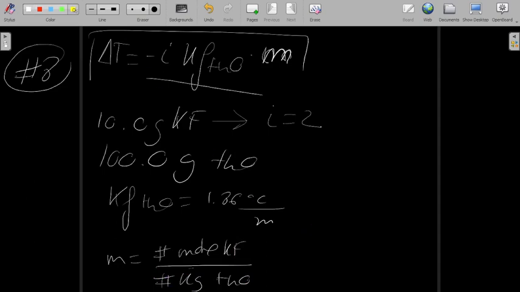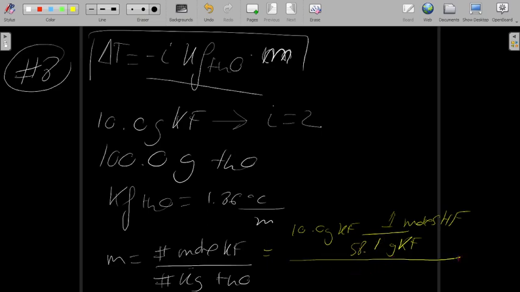We've been doing this all along. You can do it directly or separately, but grams of KF can be translated into moles. You do that by going to the periodic table and saying in 1 mole how many grams do we have. So add them up, and my adding up is 58.1 grams per mole of KF.